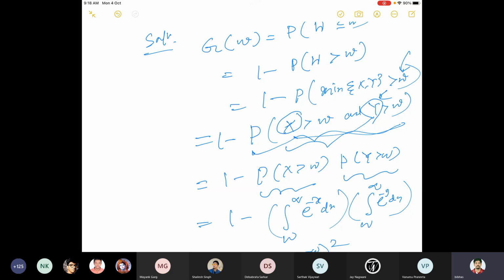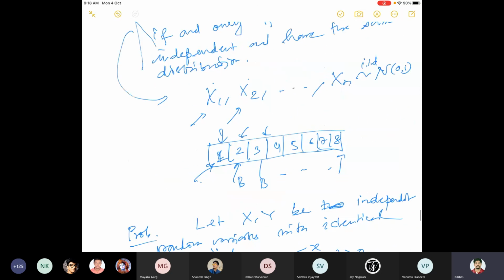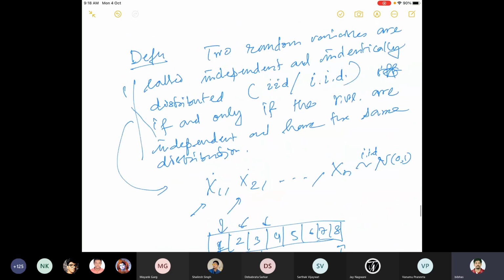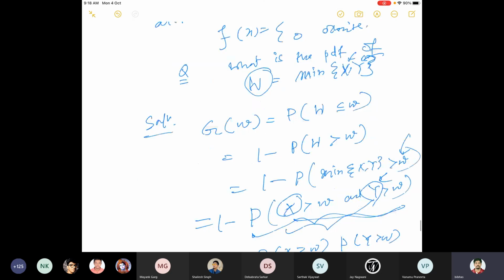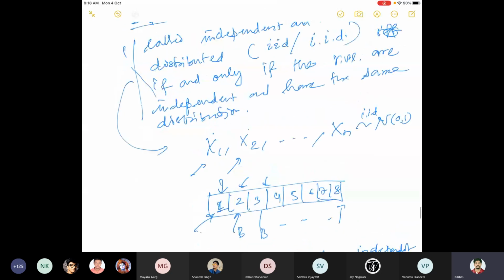Till now we have introduced one main concept, which is the conditional PDF. From there, we talked about stochastically independent random variables. Then we said what is called IID, when you have more than one random variable: they are independent and identically distributed if they have the same distribution, and these random variables are pairwise independent.